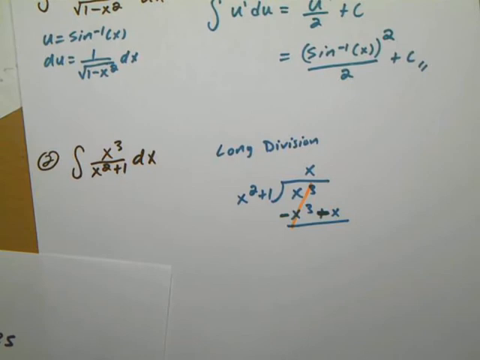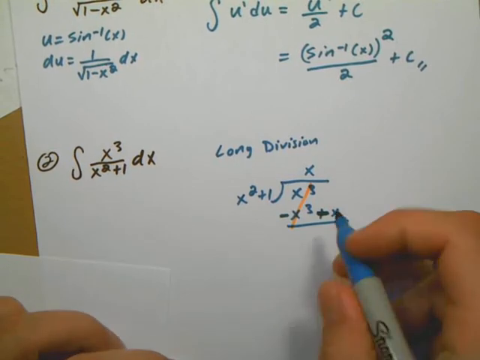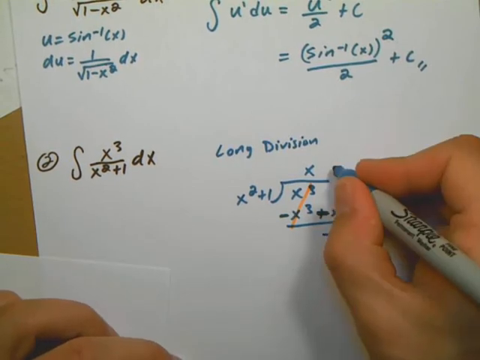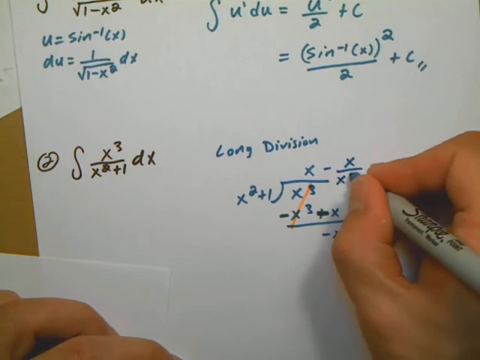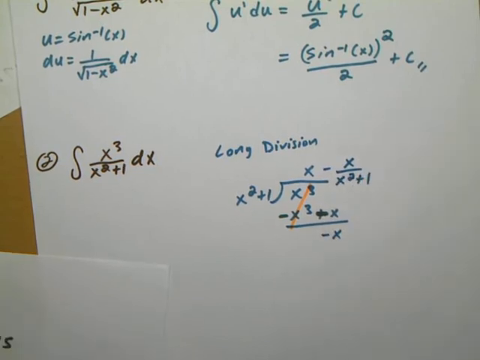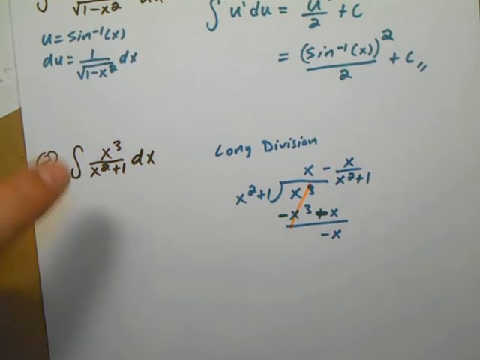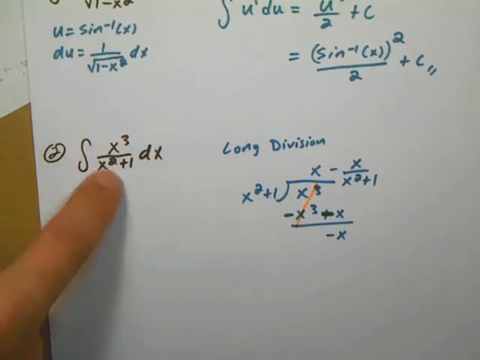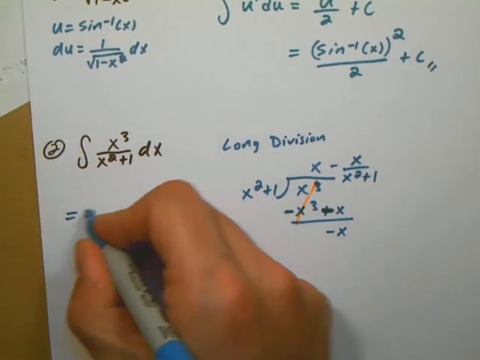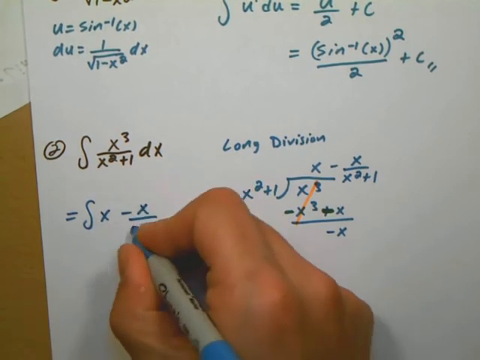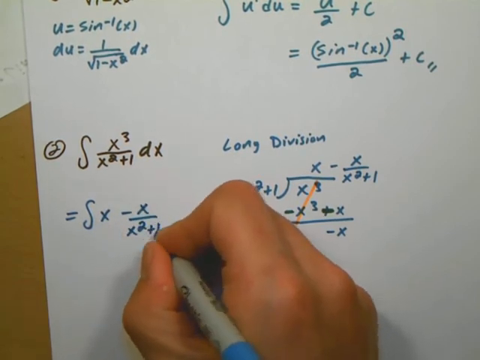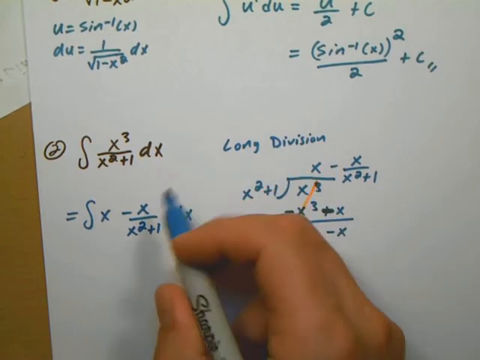And so this drops, my remainder is just going to be a negative x, so it's going to be minus my remainder over what I divided by, x squared plus 1. So the way this expression divides, this is the same as saying the integral of x minus x over x squared plus 1 dx.